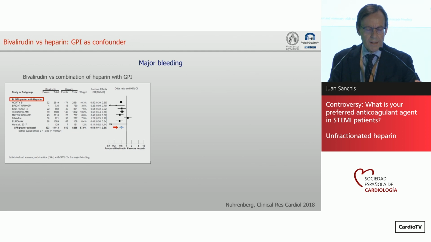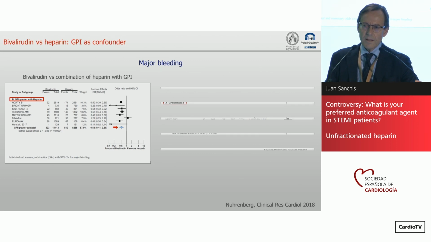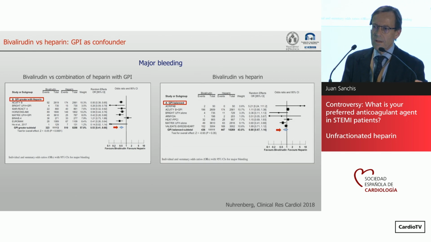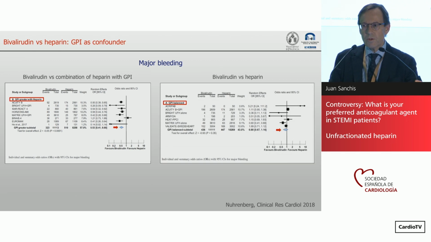Indeed, in those trials where bivalirudin was compared against the combination of heparin and GPI, then the bivalirudin arm had a lower risk of bleeding. But in those trials with a well-balanced distribution of GPI, there were no differences.